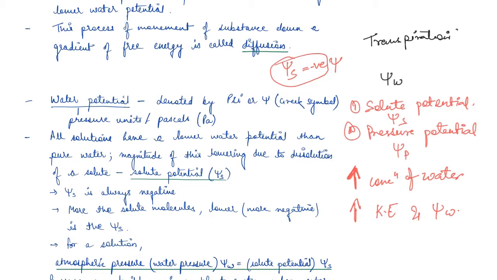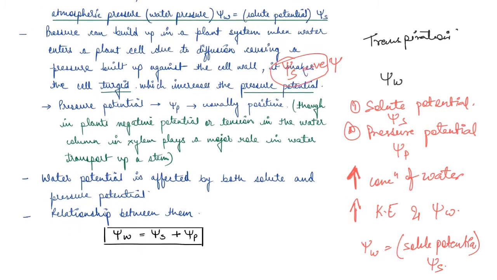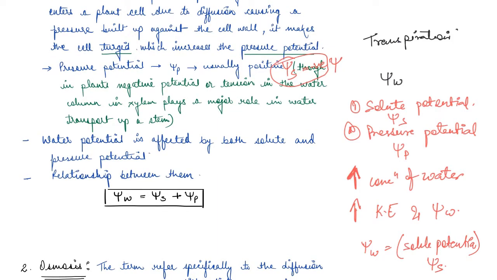So the more solute that is present, the lower the solute potential will be. Now, say for a solution at atmospheric pressure, the solute potential will be equal, right? Pressure can build up in a plant system when water enters a plant cell due to diffusion, causing a pressure built up against the cell wall. When water rushes inside a plant cell, it happens because of the movement of water from higher kinetic energy to lower kinetic energy, right?